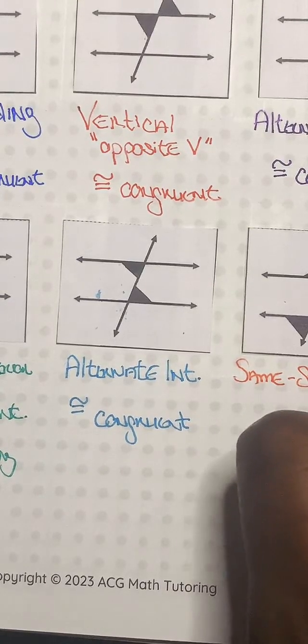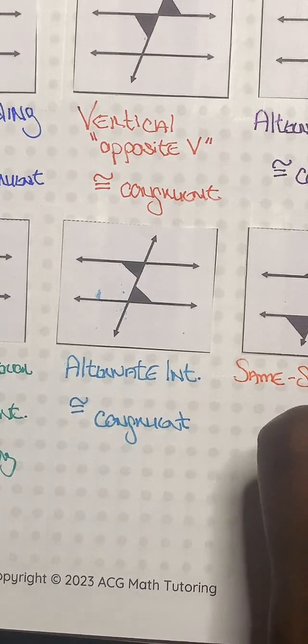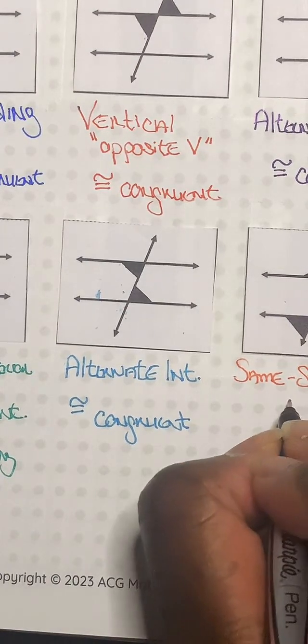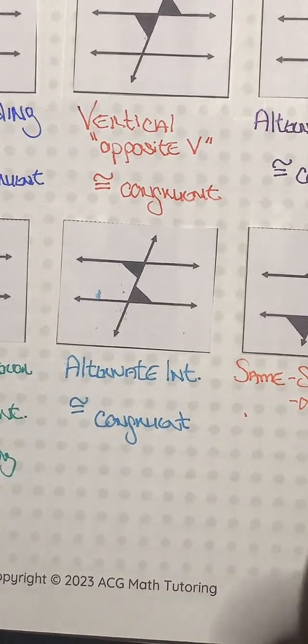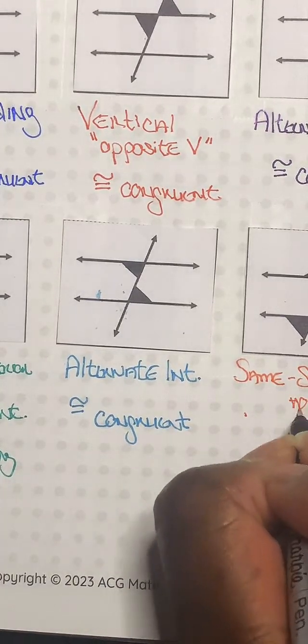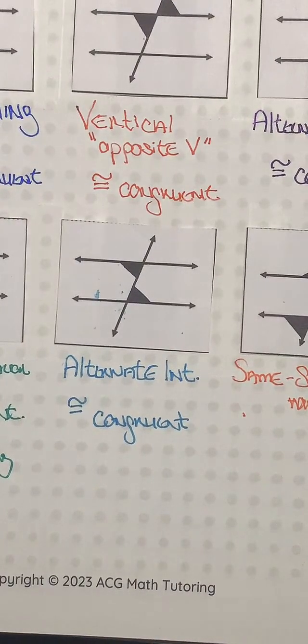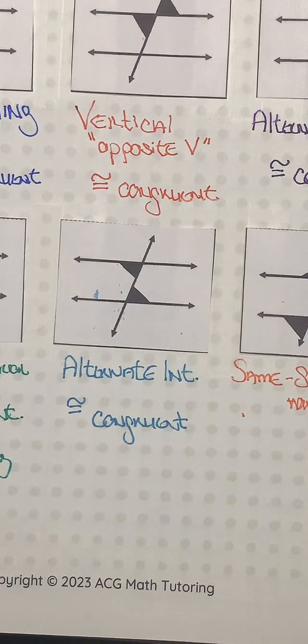What's happening with same side exterior? Actually, that's just same side exterior. It's not consecutive. Consecutive means one after the other.